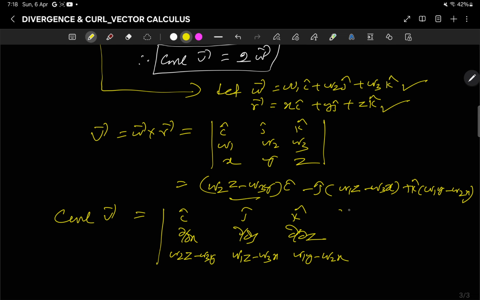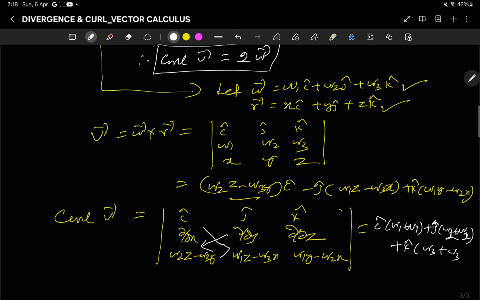If I simplify this determinant, I into this minus this gives I (omega 1 plus omega 1), then plus J (omega 2 plus omega 2), plus K (omega 3 plus omega 3).